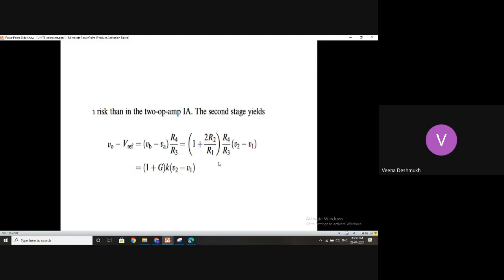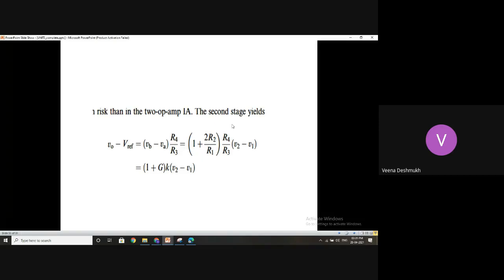Similarly, here 1 plus 2R2 by R1, which is common for both V2 and V1, into R4 by R3 is the gain factor, and simply V2 minus V1. So what you are getting here is V2 minus V1 into the gain of the second stage and the double gain of the first stage.